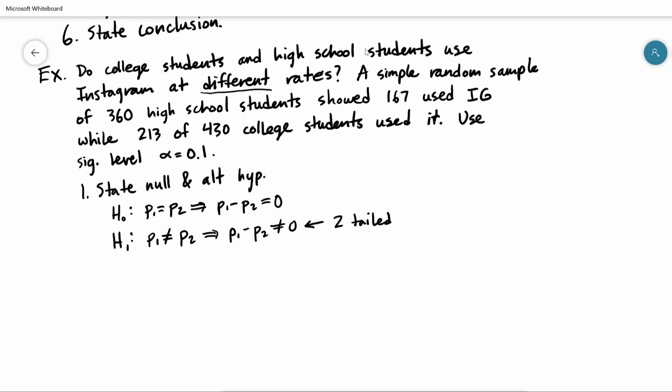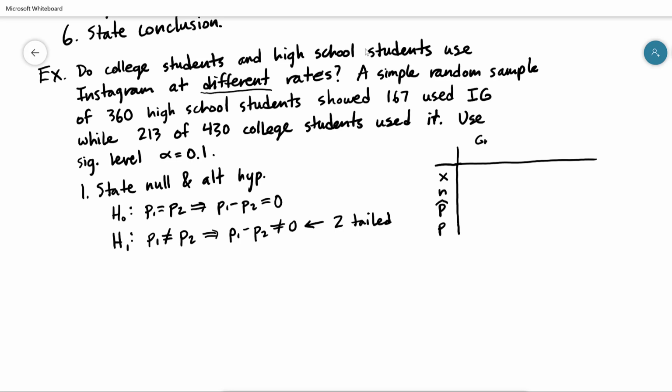We do need to keep track of which group we're calling which. So I'm going to do a little table just like we did on the previous one here. We'll list off the values we're interested in keeping track of. So I'm interested in keeping track of basically the x values, the n values, the p hat values to ultimately answer a question about the values of p, which are the population proportions.